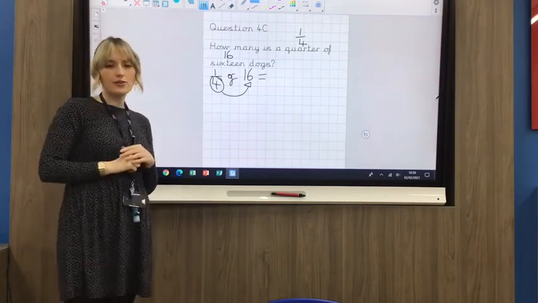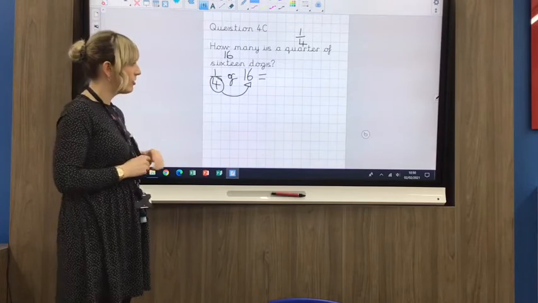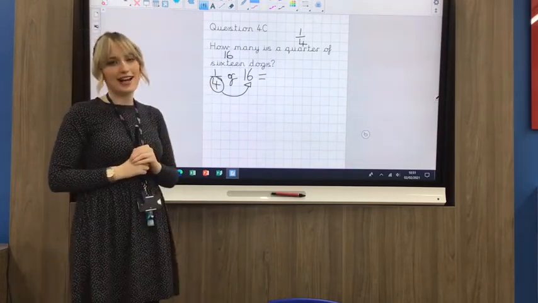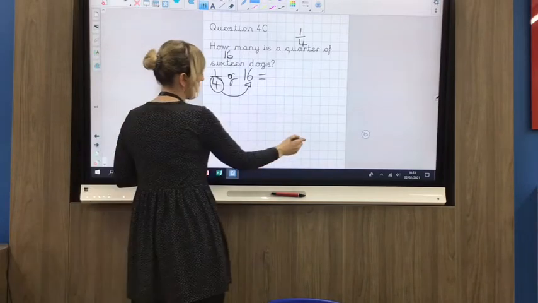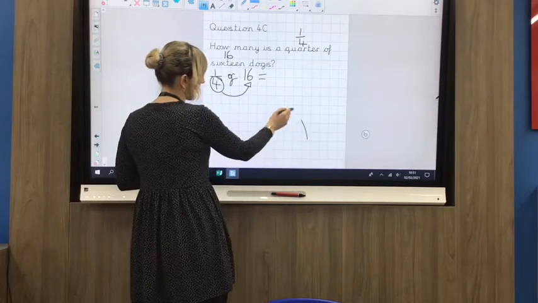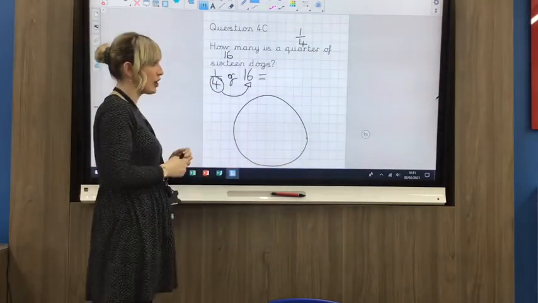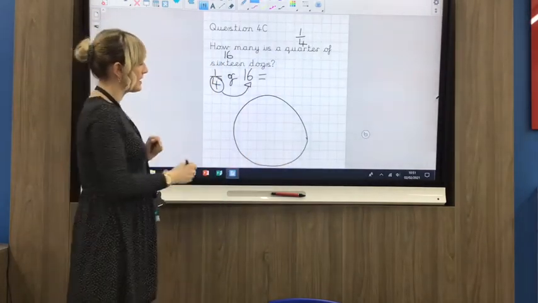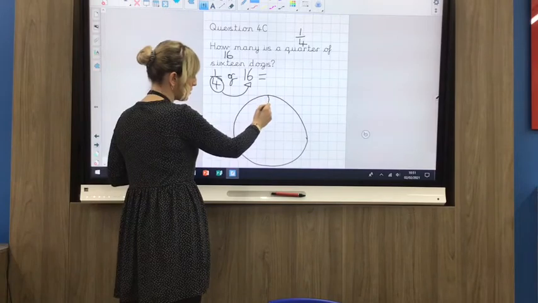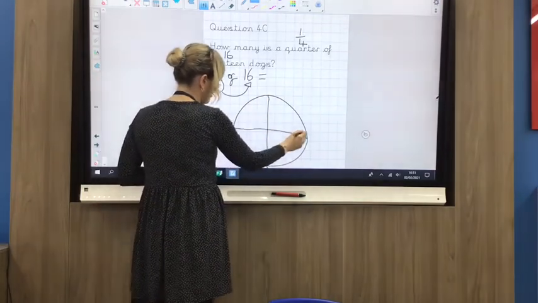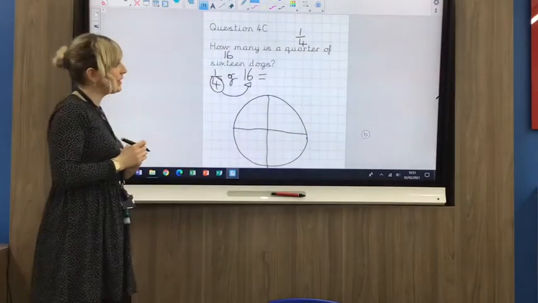If you don't know your 4 times tables very well, or that method confuses you, you know how much I love drawing. So I'm going to draw a playpen. There's the playpen for my 16 dogs. Now I need to split it into quarters, and I know that means splitting it into 4 equal parts. So there's my playpen.